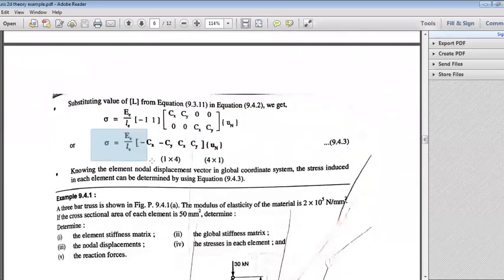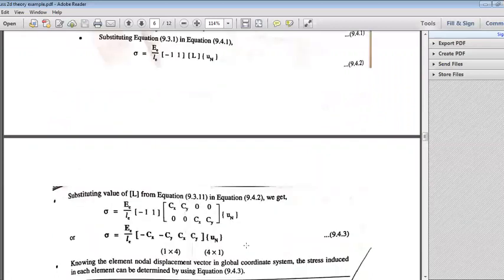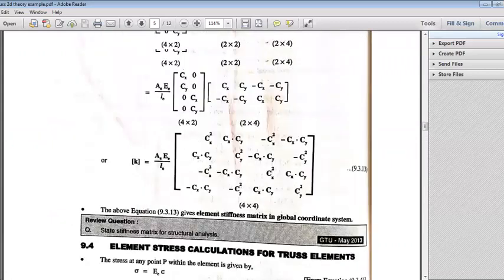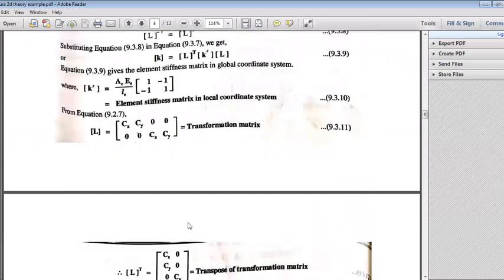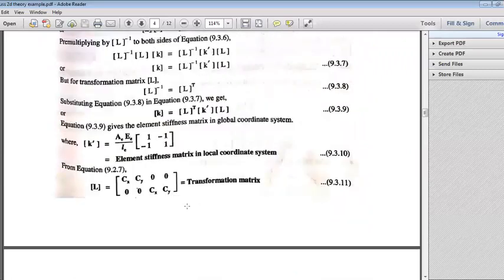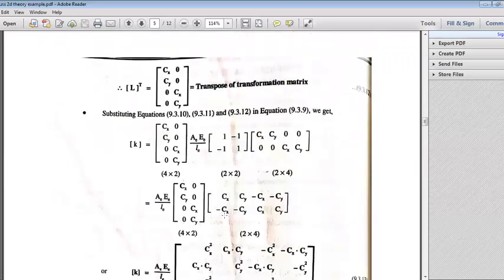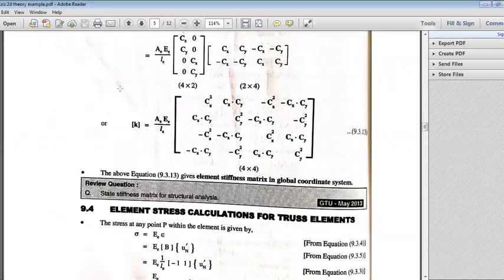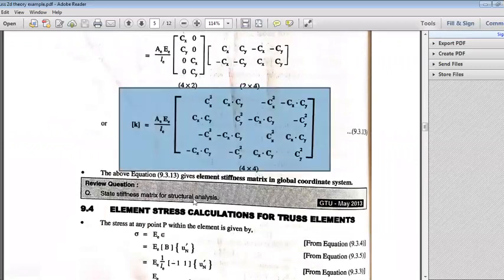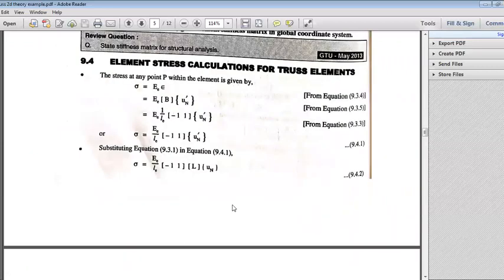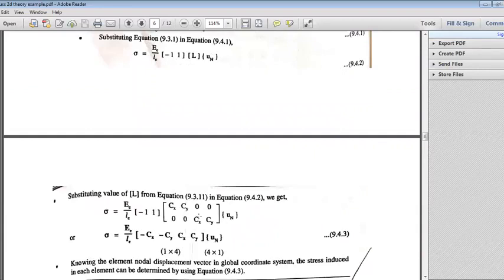So this is your final equation for finding the stress. You have to keep the final equation in mind. If you can't remember the in-between equations, remember the final equation of transformation, the final equation of stress, and the final equation of the stiffness matrix, for solving the 2D truss problem.